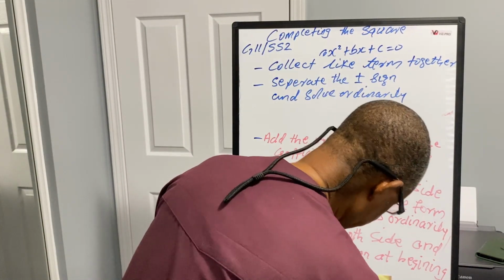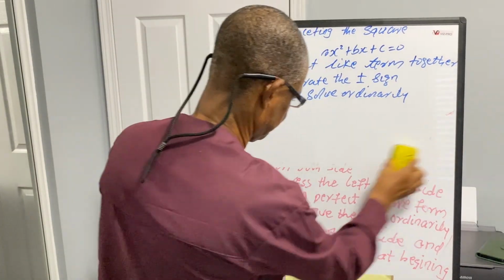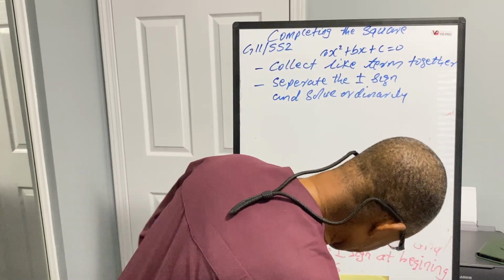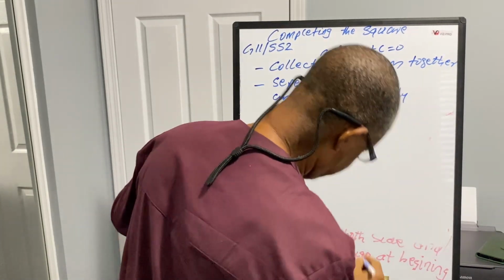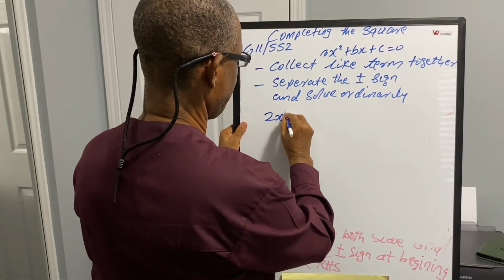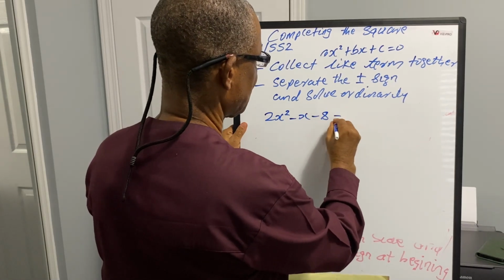Now, if we have this equation, let's say 2x squared minus x minus 8 equals 0.